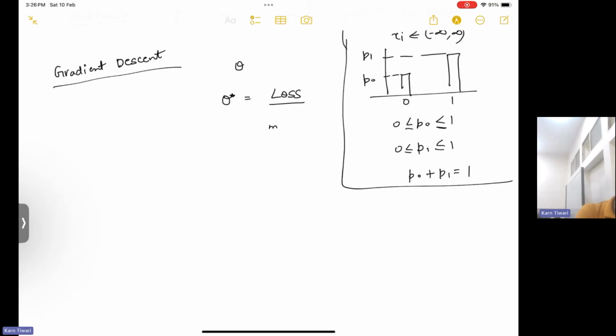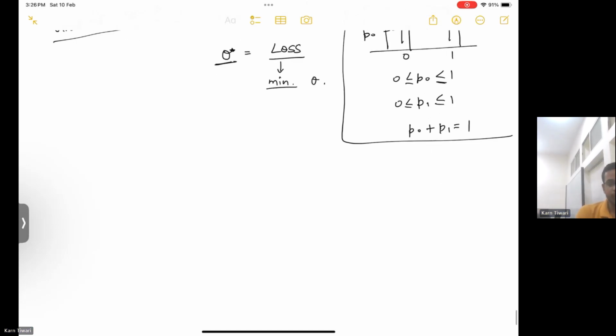We want to minimize the loss. The minimizing value of the parameter with respect to theta, I am calling theta star. I need to learn theta star.